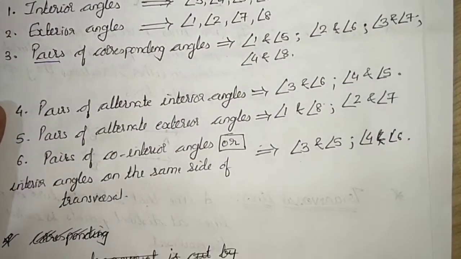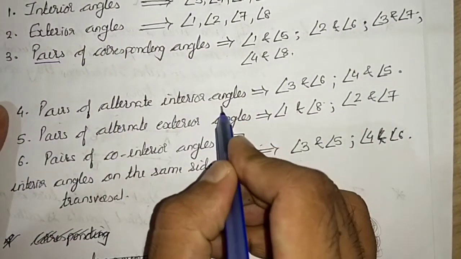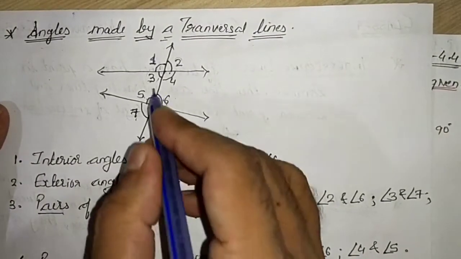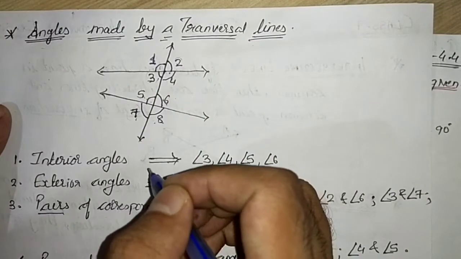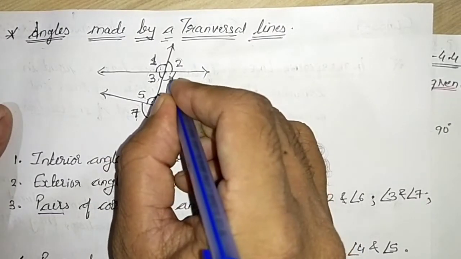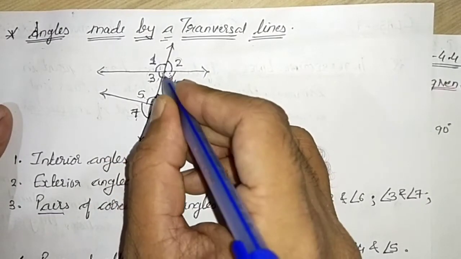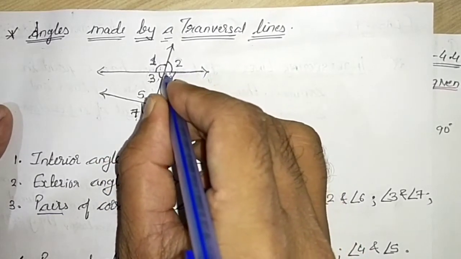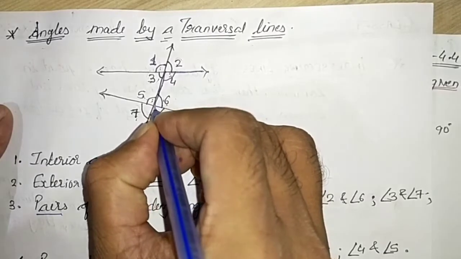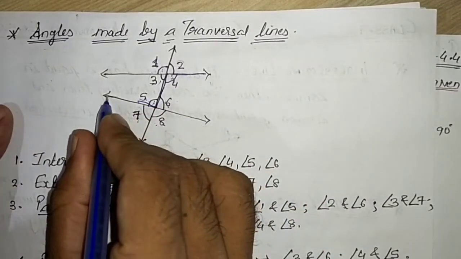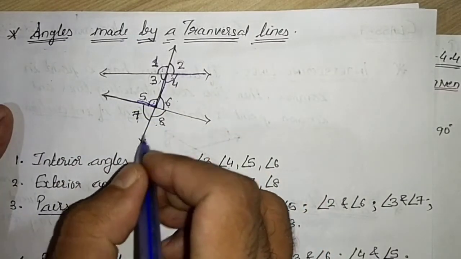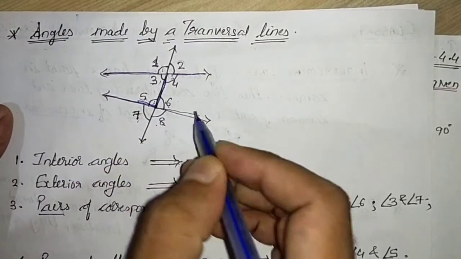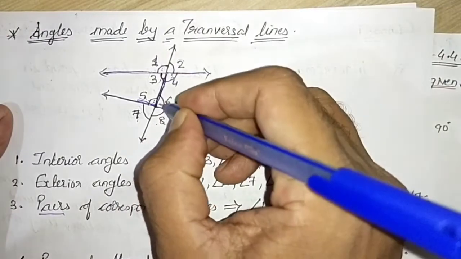In the same way, pairs of alternate interior angles. Interior means the one which is inside. Alternate means crossing over. You can see after the transversal, it will make a Z. When you see properly, it will make a Z, the Z which is in the English alphabet. They will form 3 and 6.